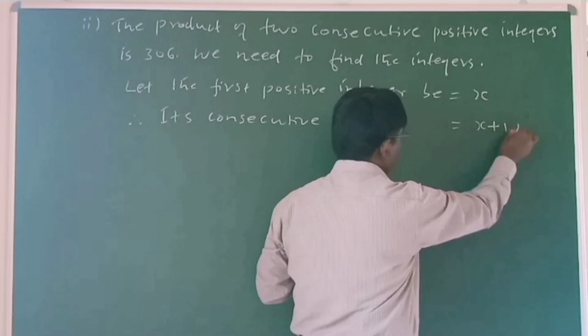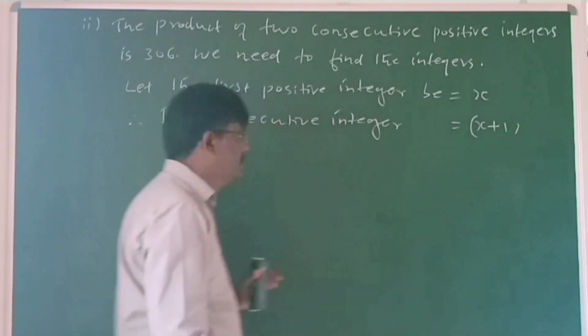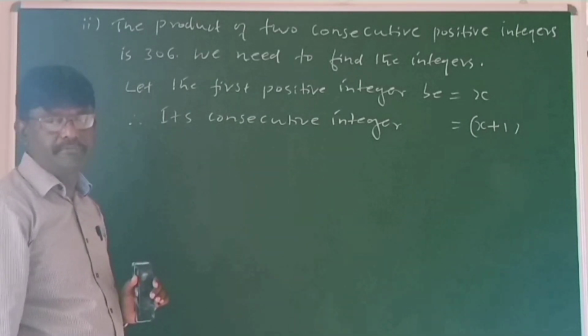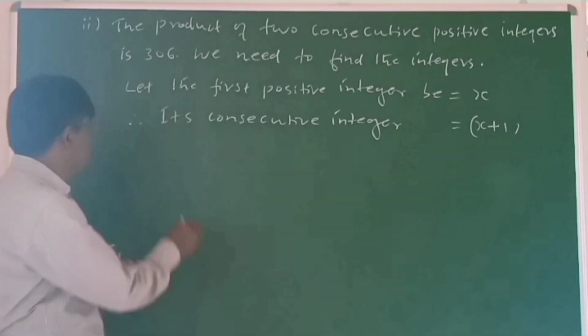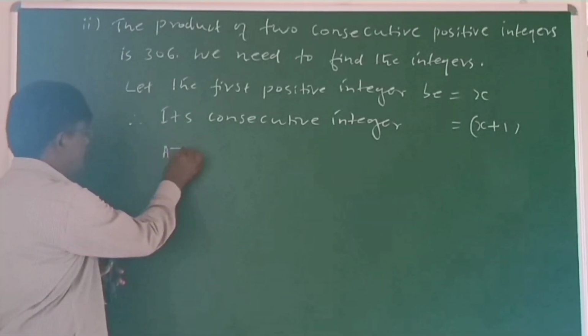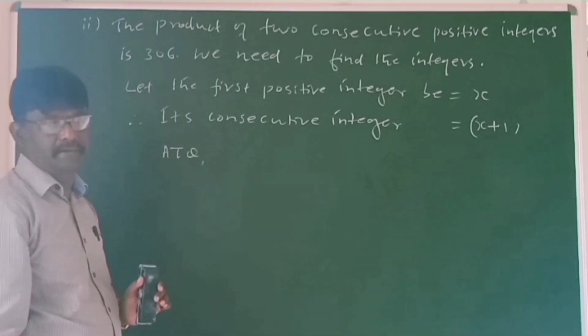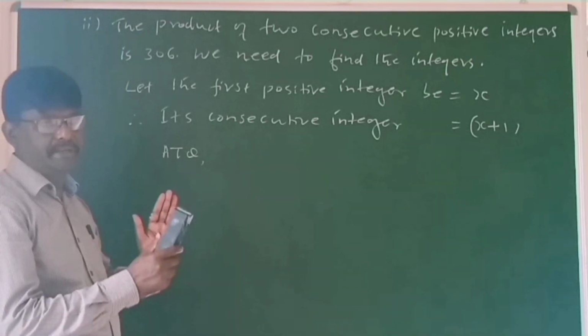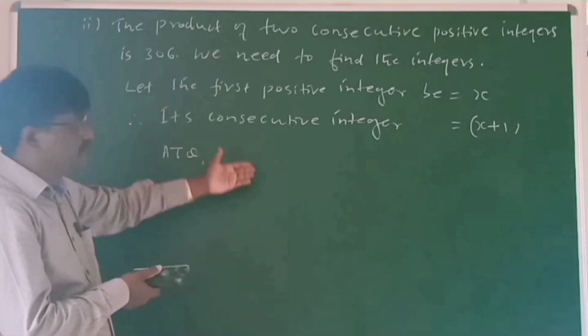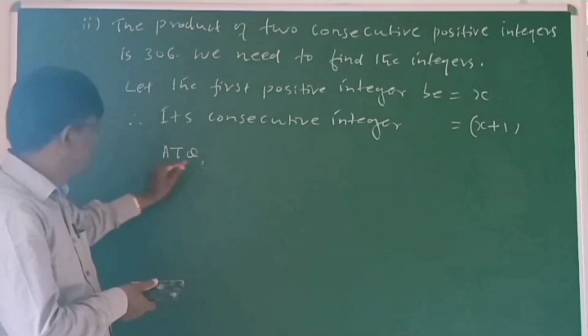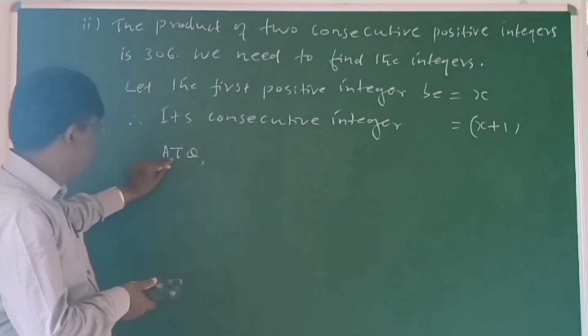X plus 1. Okay. Now, therefore, we need to represent it in the form of a quadratic equation. Hence, ATQ, according to the question. Very often, in these cases especially, instead of repeating each and every condition, simply mentioning ATQ is enough.